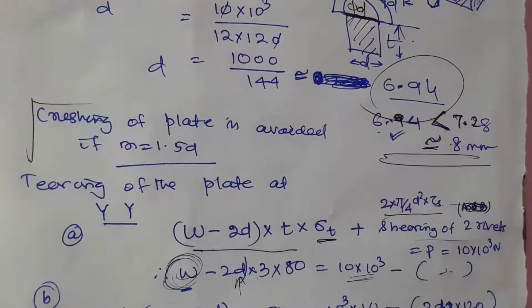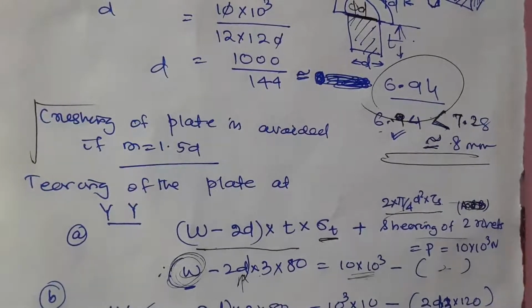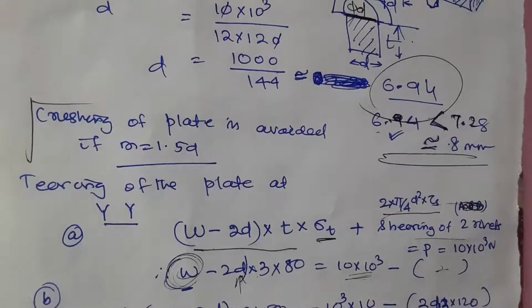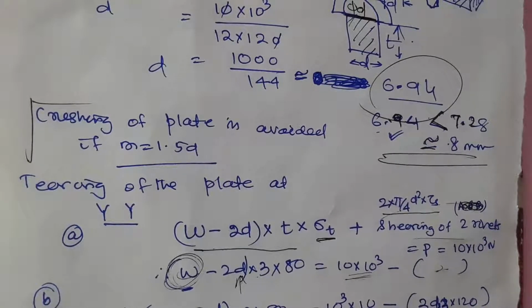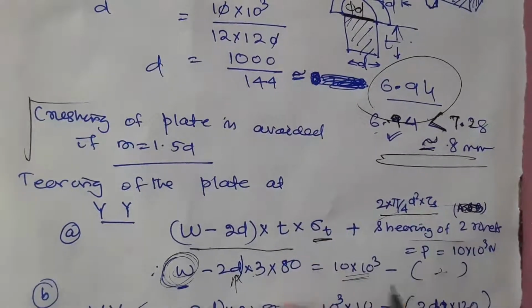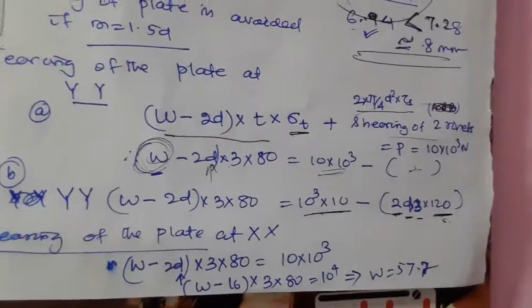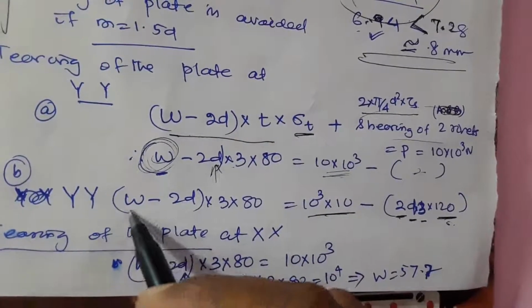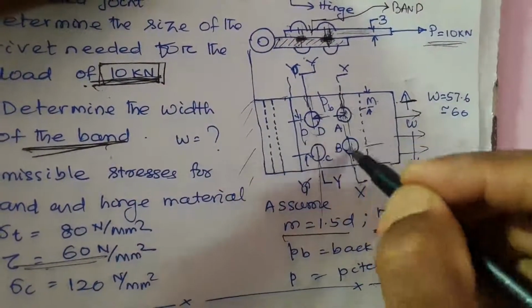But if you take the other case, W minus 2D into 3 into 80 is equal to 10 kilonewton minus the crushing resistance: the number of rivets is 2, this is the diameter, and this is the thickness, 120 is the crushing stress. This is for tearing at this location and crushing of these two rivets.